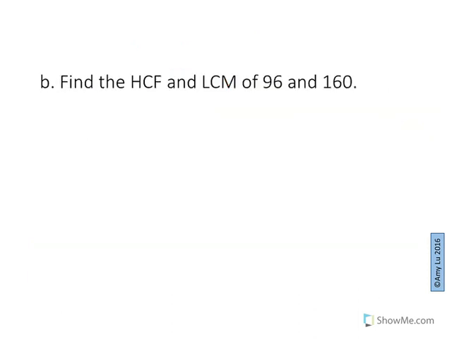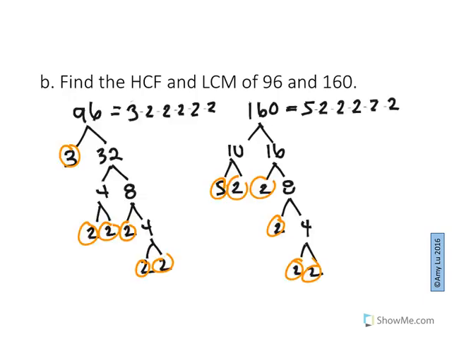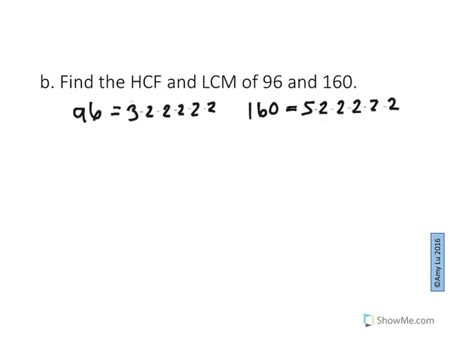So here we go, working out 96 and 106. First find their prime factors. So if you found their prime factors, this is what it should look like. Next, we need to find their highest common factor. So let's circle all the factors they have in common. They each have 5 2's. 1, 2, 3, 4, 5. 1, 2, 3, 4, 5.